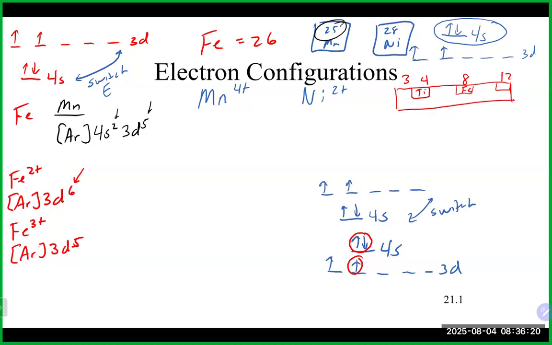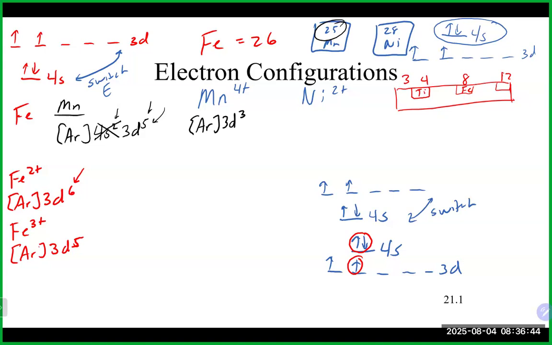When it makes a +4 charge, we are going to get rid of our s's first. So that is 2 electrons. We then need to go into the d to take the other 2 out. That's going to leave us with argon 3d3. So in this case, it would have 3 valence electrons. Any questions on that?